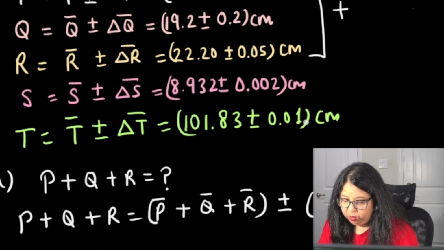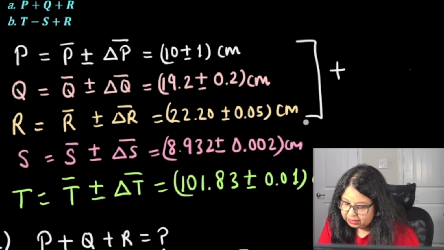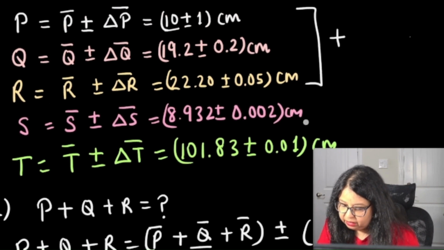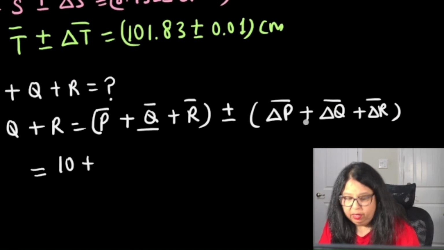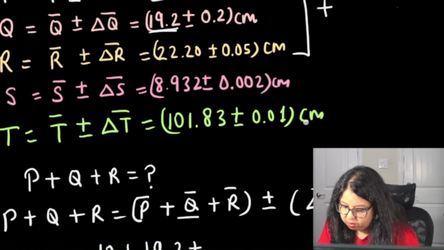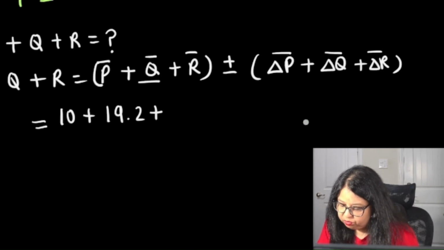P bar is 10. Q bar is 19.2. R bar is 20.20.